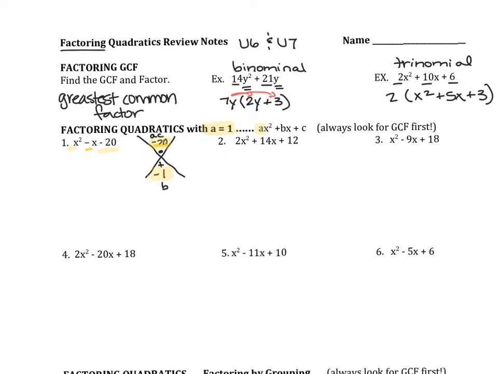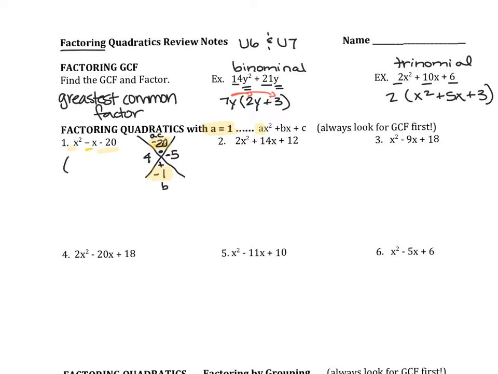So this is where I use my math skills and I come up with, for example, 4 and 5, and then I test those out. In order for them to multiply to a negative number, one of them has to be negative. In order for them to add to a negative 1, it needs to be the 5. So 4 times negative 5 multiply to negative 20, and 4 plus negative 5 add to negative 1.